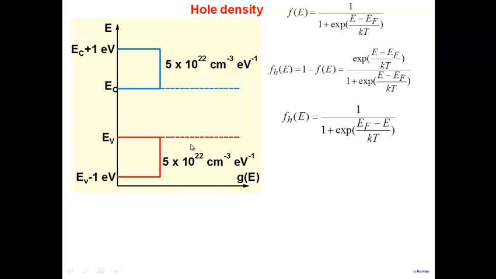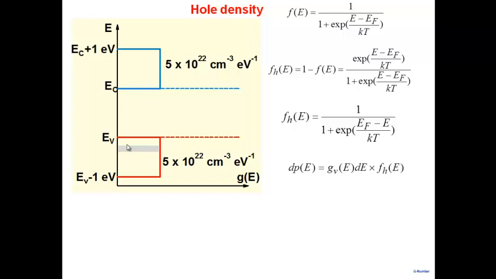Now, how do I find the number of holes in my valence band here? Well, again, I have a density of states. So the number of holes will be equal to GV(E), where GV is the density of states, multiplied by dE. That tells us the total number of states in a small energy increment, multiplied by the probability of occupation of that particular energy state, FHE.